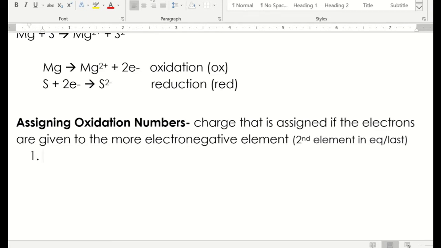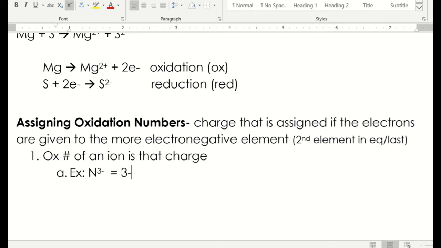So first rule, for oxidation numbers of ions, the oxidation number is going to be the charge of the ion. So for example, if I have nitrogen that has a 3- charge, then the oxidation number is going to be 3 minus. Okay, rule number 2.